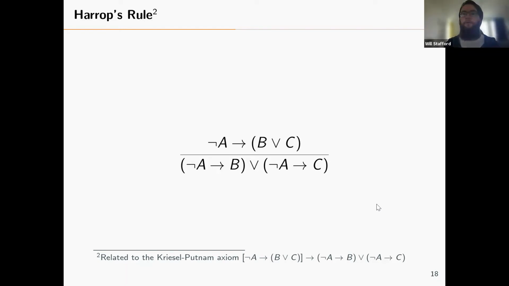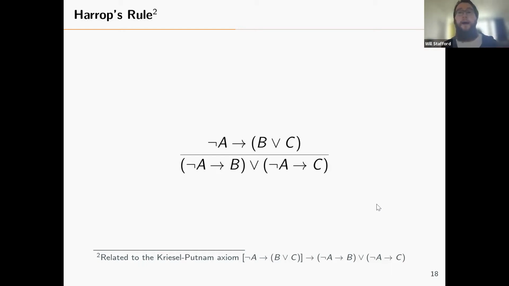What Harrop's rule does is it says that if you have a negated antecedent and a disjunctive consequence, then you can push the implication through the disjunction. You might be more familiar with it as an axiom where it's called the Kreisel-Putnam axiom. And so what I'm going to argue right now is that Harrop's rule isn't harmonious.